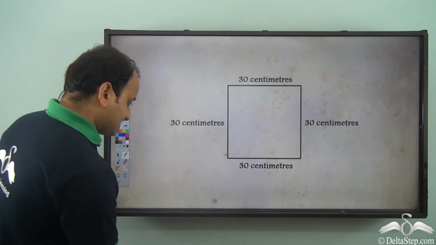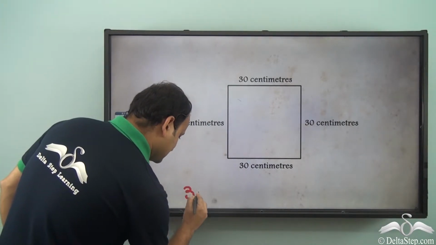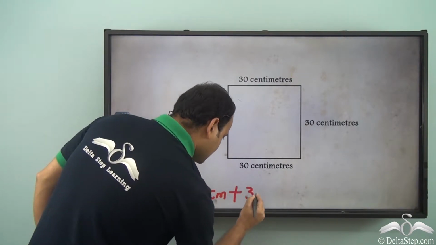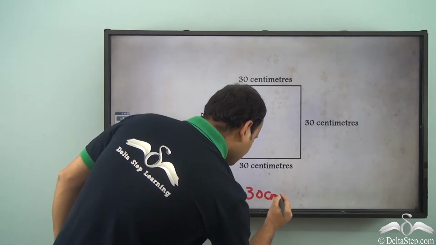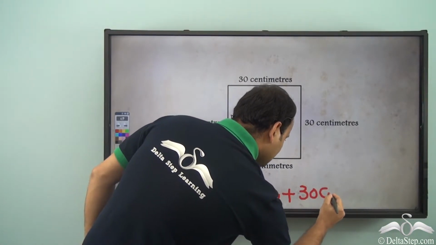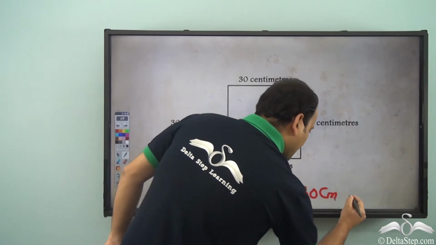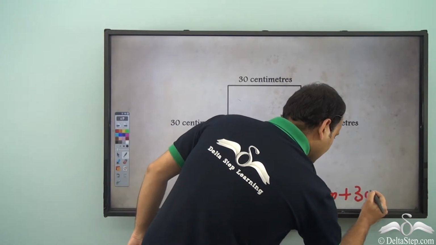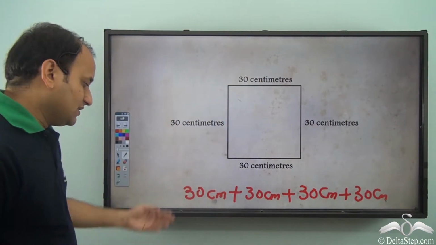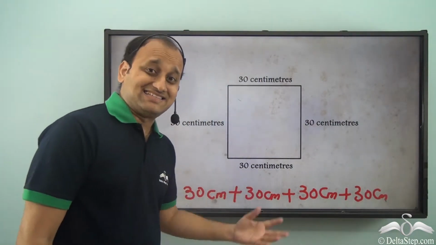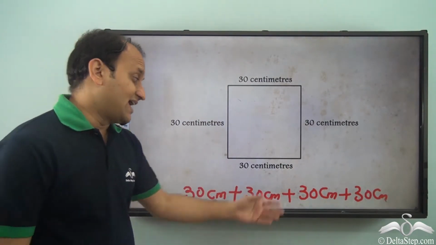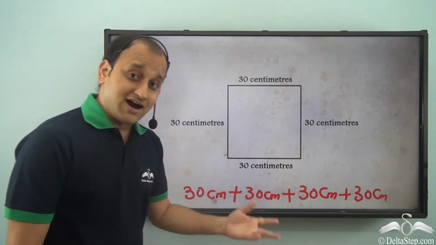So we can write 30 centimeters plus 30 centimeters plus 30 centimeters plus 30 centimeters. So that will be 30 plus 30 is 60, 60 plus 30 is 90 and 90 plus 30 is 120.